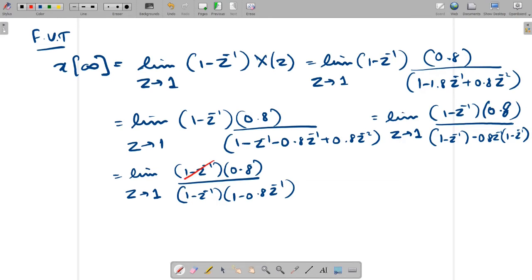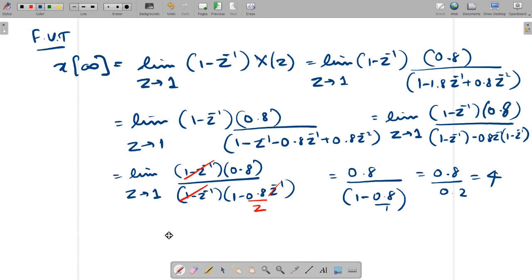So these two will get cut. What remains? 0.8 upon 1 minus 0.8 z inverse. This can be written as 1 upon z, and z value is 1. So what is the answer? I will put the limits over here. 0.8 upon 1 minus 0.8 upon 1. Answer is 0.8 upon 0.2. That is 4. Therefore, x of infinity is equal to 4.